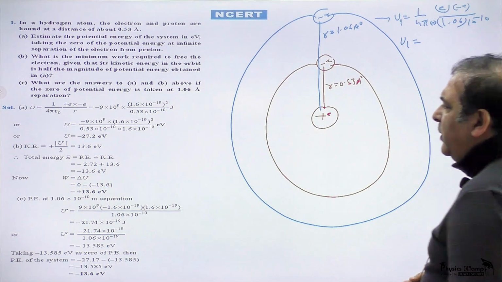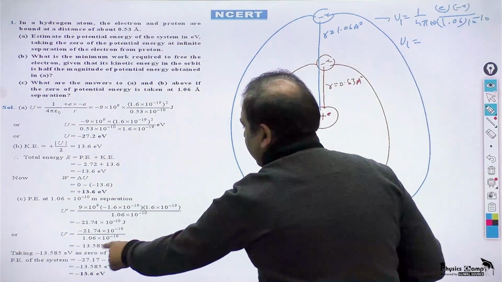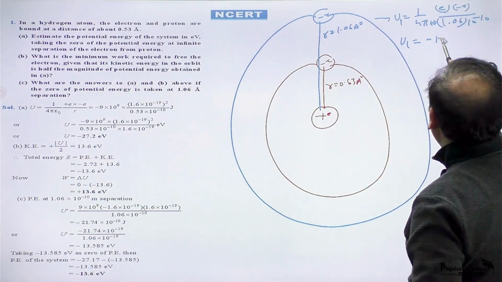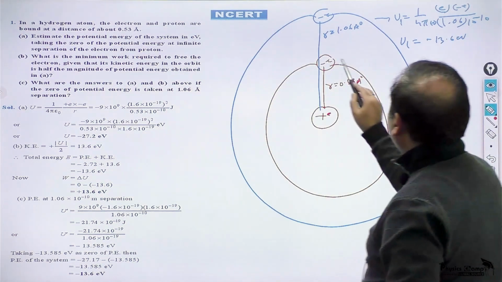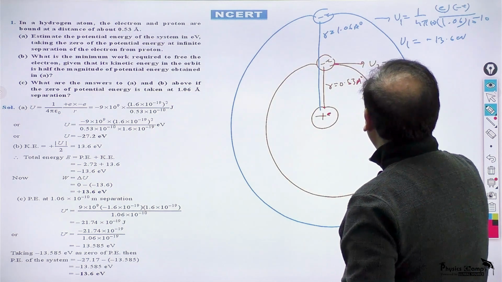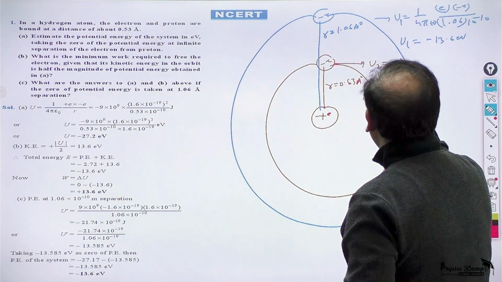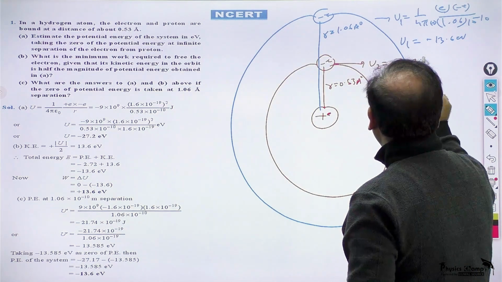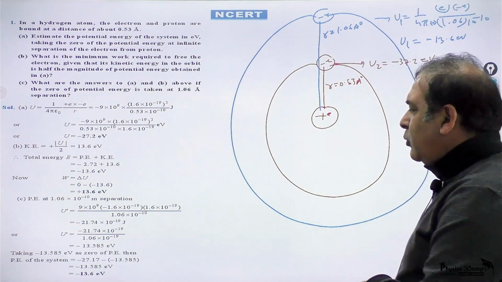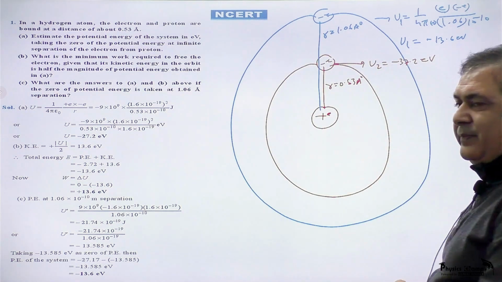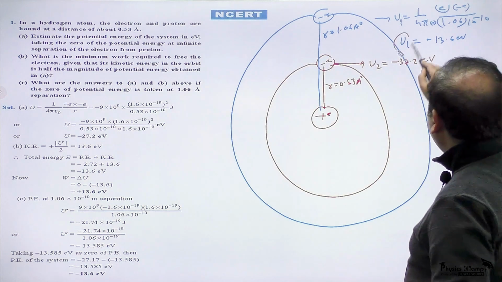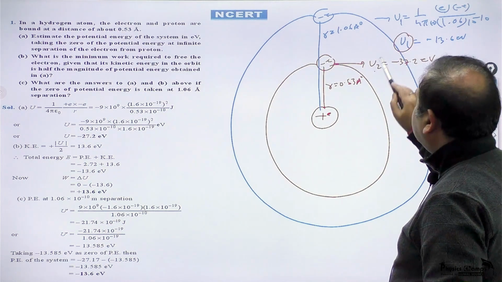So it is going to be just half of it, minus 13.6 electron volt, where the potential energy here was minus 37.2 electron volt. Now the question is, in case this is considered to be 0, then how much is this?